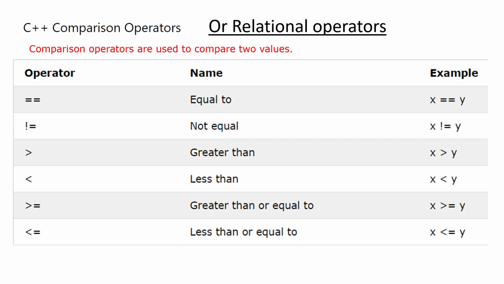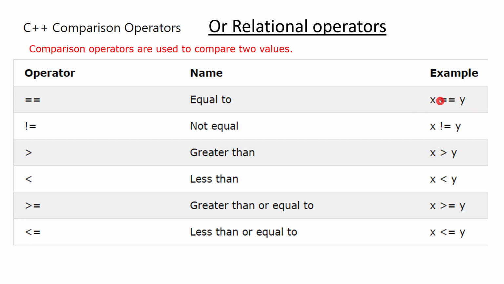Then we have the comparison operators. It is also called the relational operators. The various operators include equal to, not equal to, greater than, less than, then greater than or equal to, less than or equal to. First is the example x equal to y.